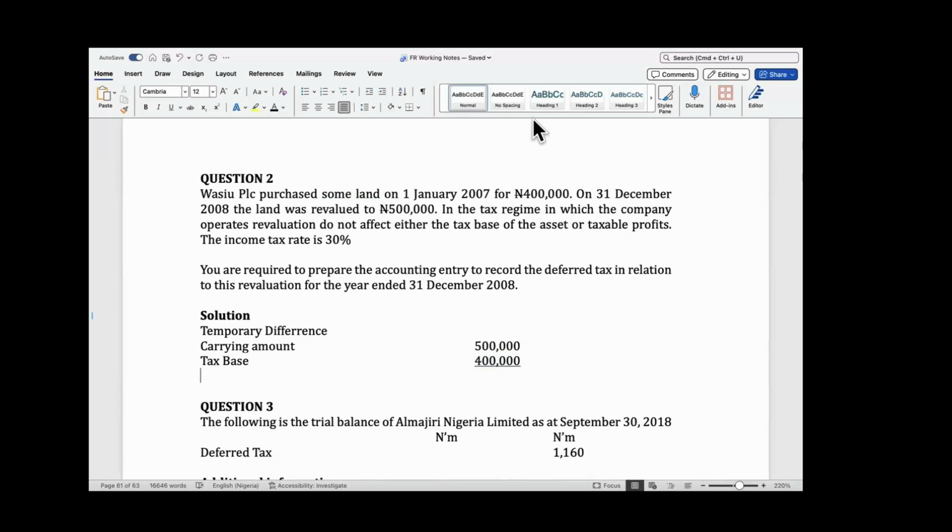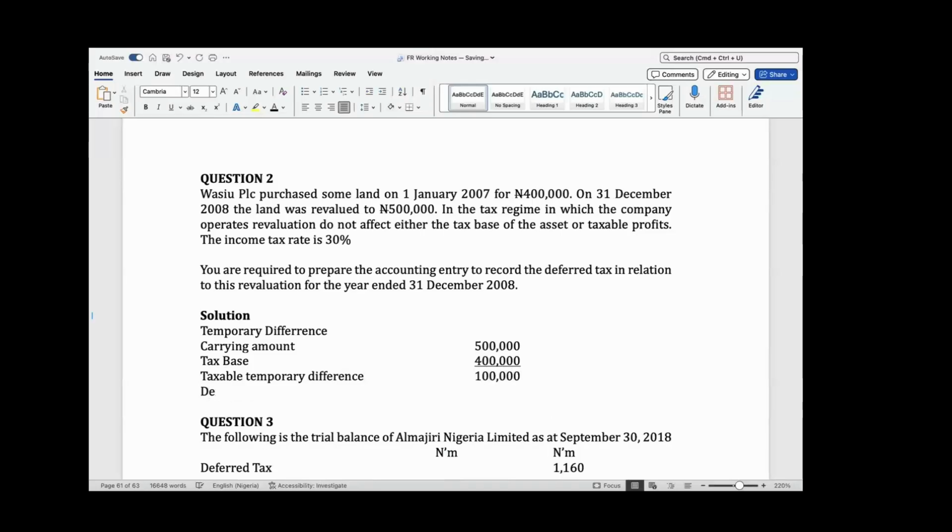Taxable. Good. Perfectly correct. Taxable temporary difference of 100,000. And when we have a taxable temporary difference, we would have a deferred tax liability, which is computed as 30% times 100,000.